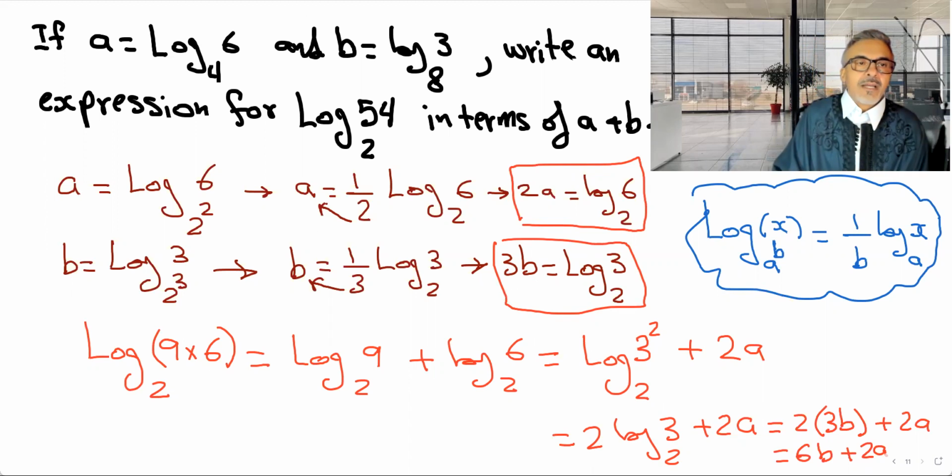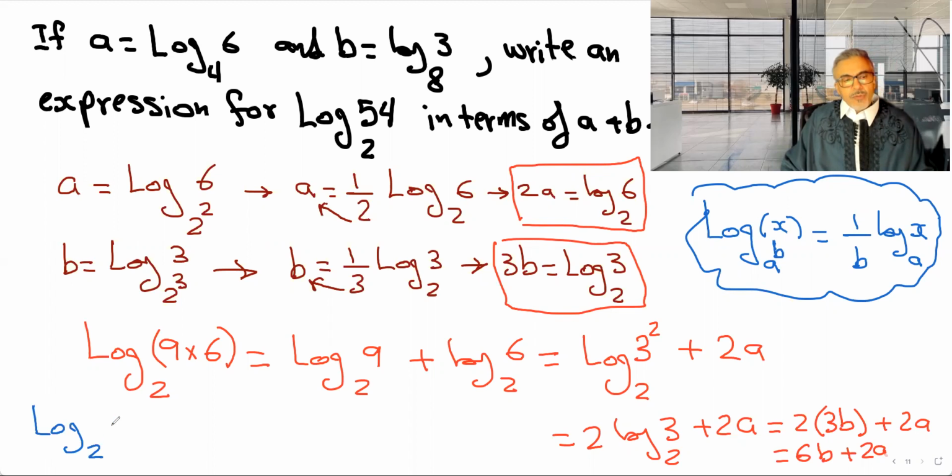Now, another thing that you could do to this, I'm just going to write that right here. You could change this to log base 2 of 27 times 2, because that's also 54.